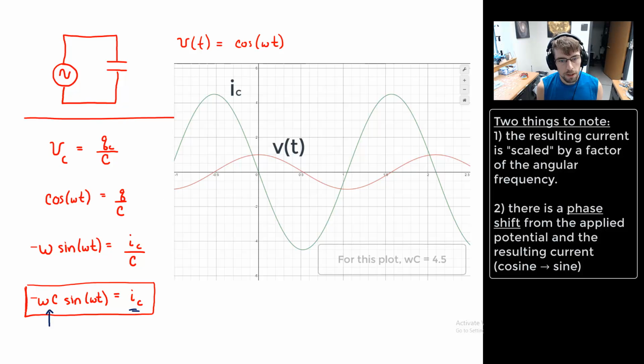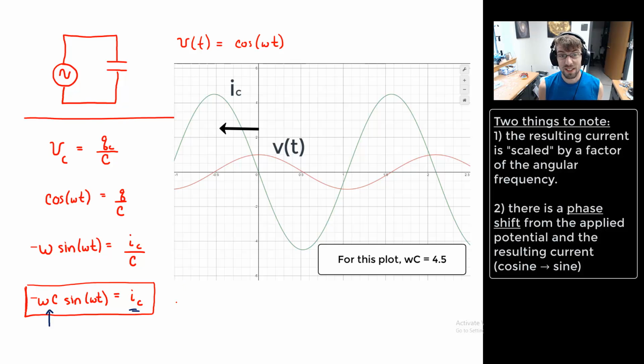But let's see, it starts out at 0, and then it should peak, and then go to 0, and then it should have a trough. And so you see that the value of the capacitor is shifted by a certain amount with respect to the applied potential.